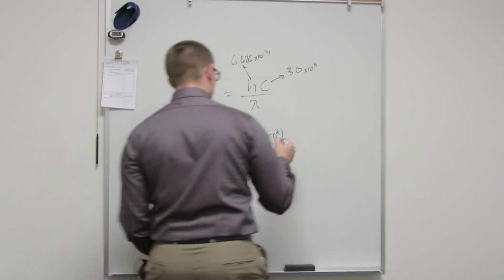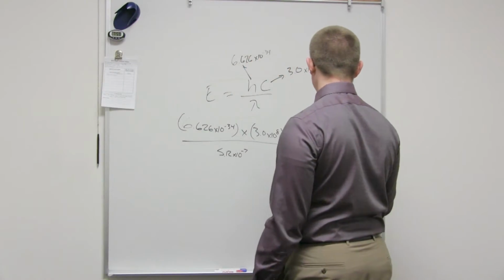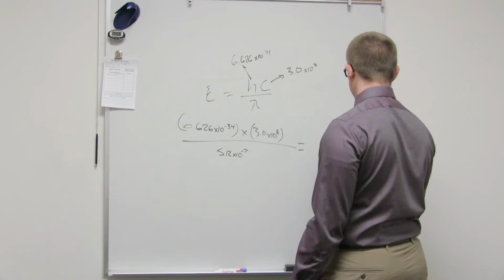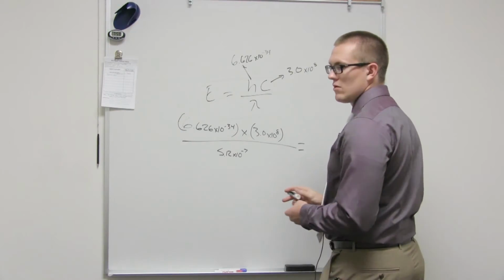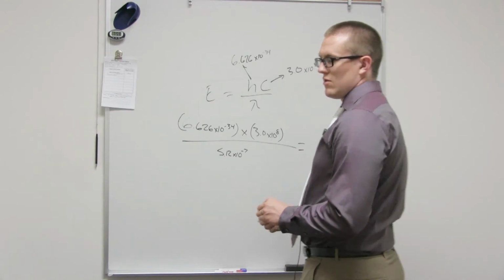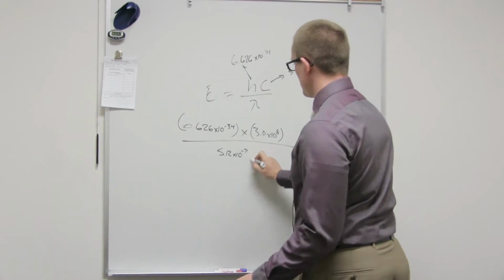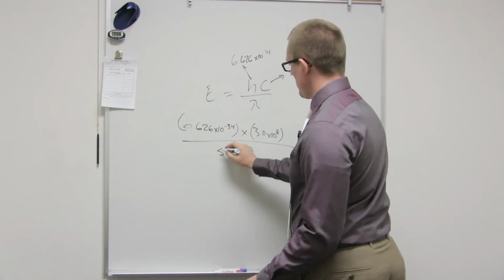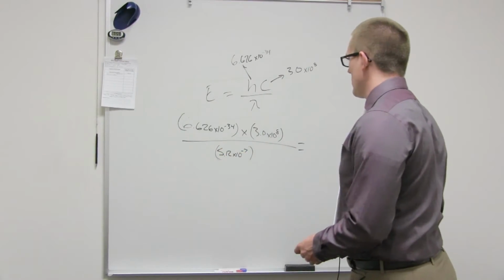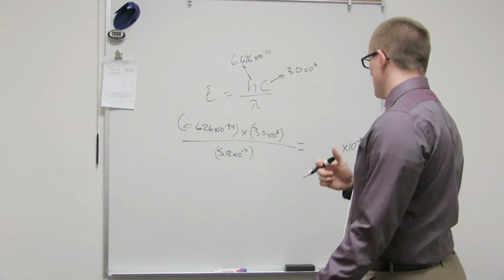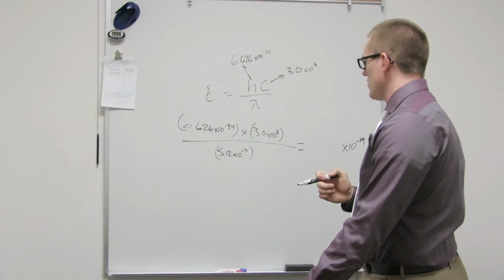So our exponent should be, we should get something times 10 to the negative 19th. Put this in parentheses as well. How do you know it goes to the negative 19th?